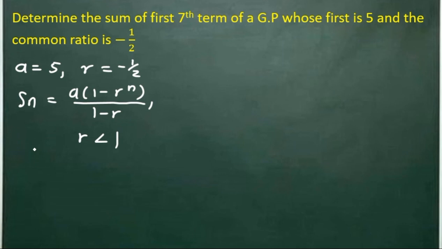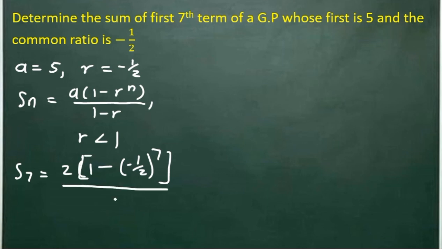All right, now we are looking at the sum of the 7 terms. So S7 here will give us the first term into bracket 1 minus r, which is -1 over 2 to the exponent of 7, and this will be divided by 1 minus -1 over 2.